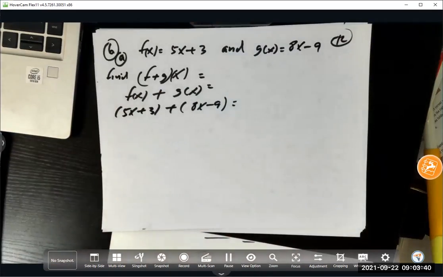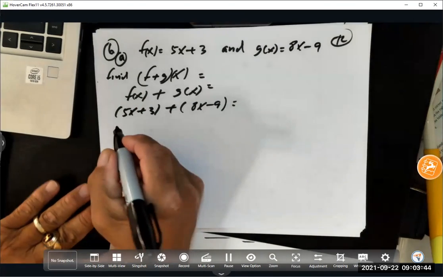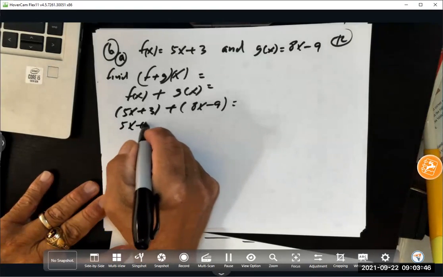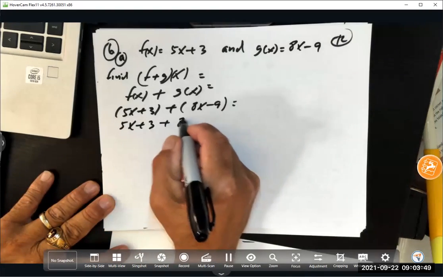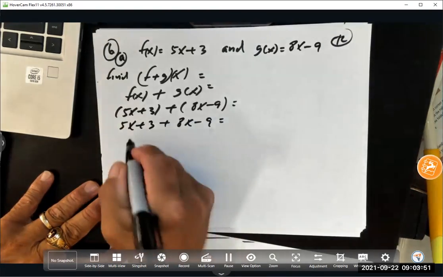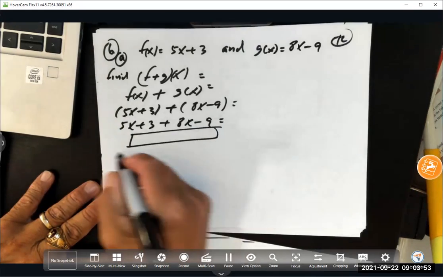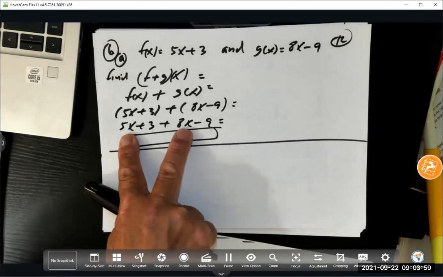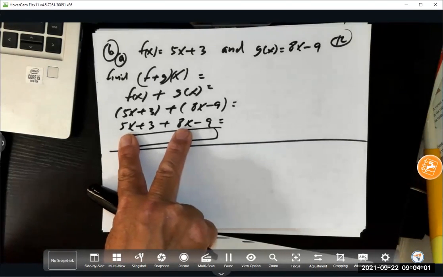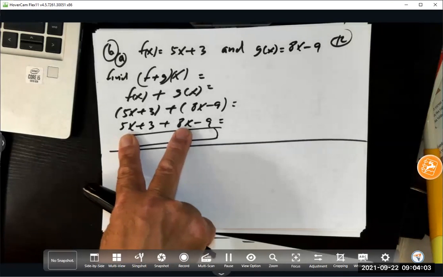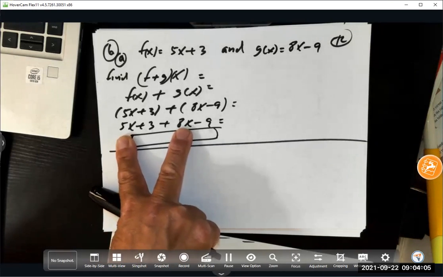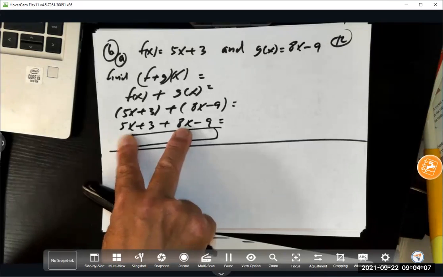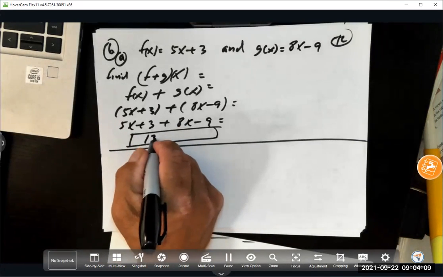So now, if I take all this pretty stuff off, what do you think is the answer in the box? Put these together. 13x. 13x, that's correct. Yes.